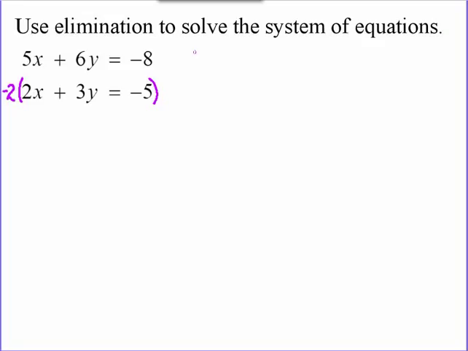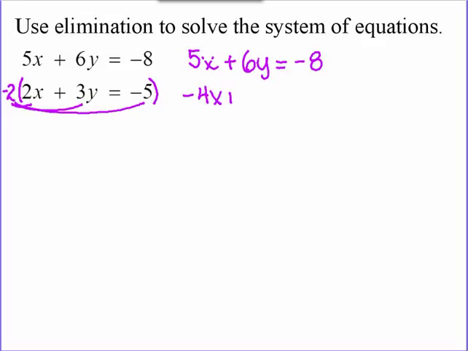So my top equation I'm going to leave alone: 5x plus 6y equals negative 8. The bottom equation, I'm going to distribute that negative 2 to all terms. So that becomes negative 4x plus negative 6y, and that's going to equal positive 10.